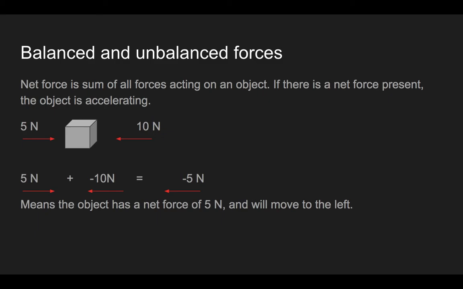So this means that the object has a net force of 5 newtons and it will have to move to the left because the right-hand side force, which is pushing it to the left, is greater than the left-hand side force that is pushing it to the right. So these are called unbalanced forces. This is because 5 newtons is obviously not equal to 10 newtons.